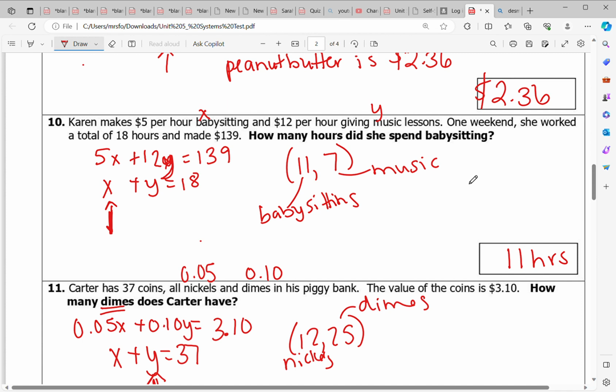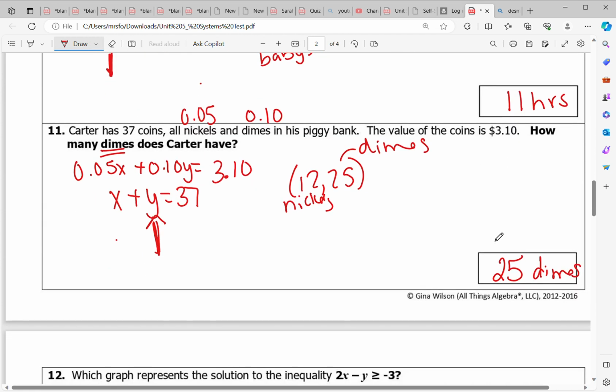When we typed that in, we saw that they intersected at 11, 7. The 11 represented babysitting hours, 7 represented music lessons. Since it asked about babysitting, 11 was our answer.